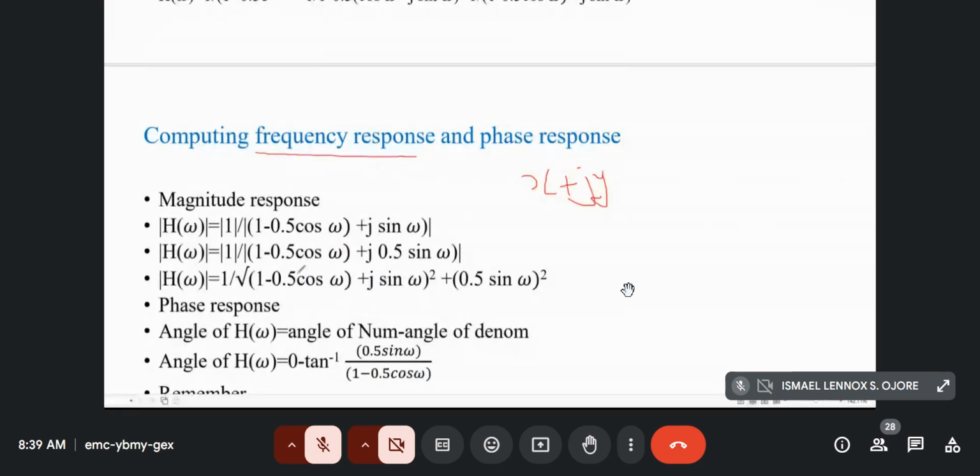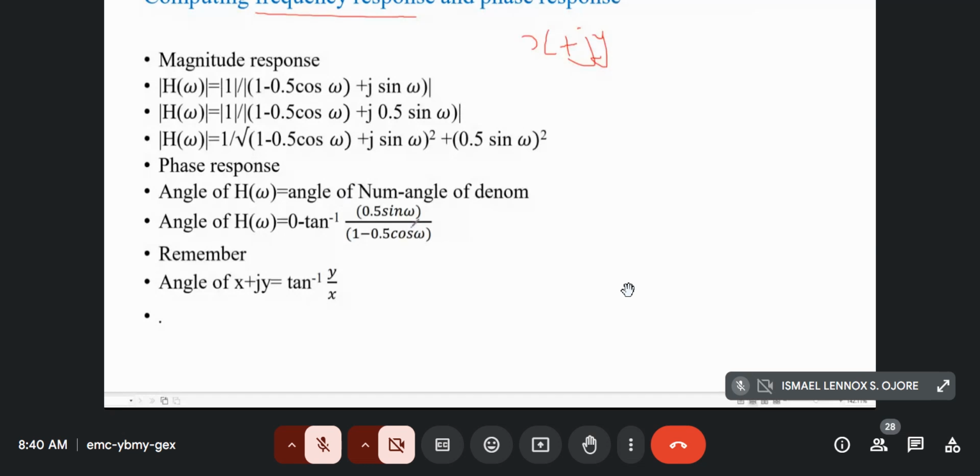So you have to reorganize it to be in this form, and that's why you have here 1 minus 0.5 cos omega plus j sin omega. I hope my signs are okay here, but what is important is the concept.